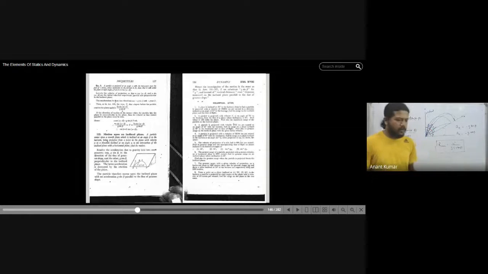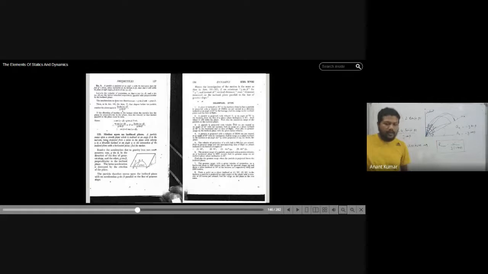It is archive.org. You have to search a bit, by the way. It contains a lot of old books. Archive.org, that is the website name. No. You just read the first line.